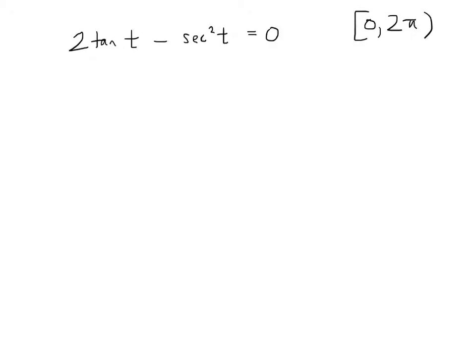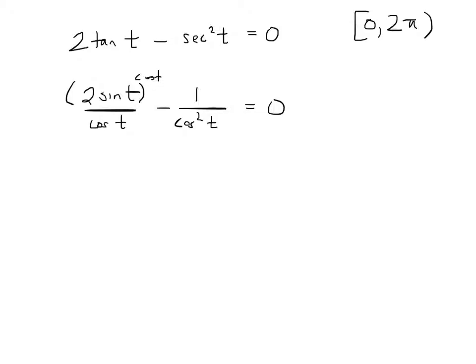New wrinkle on the situation, which is we have to know that tangent is sine over cosine. So this is 2 sine t over cosine t. And secant is 1 over cosine, so this is 1 over cosine squared t. So we need a common denominator. We'll multiply this by cosine.